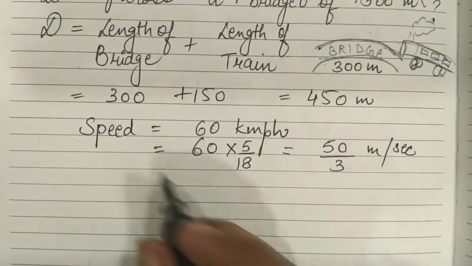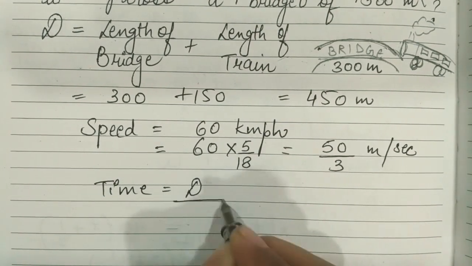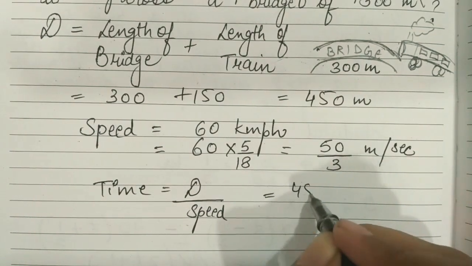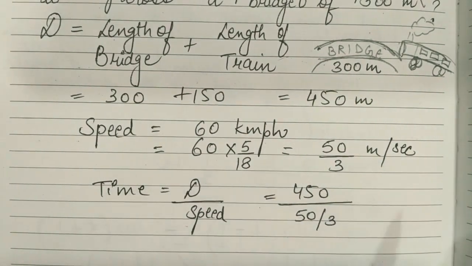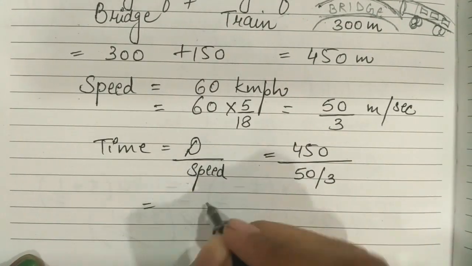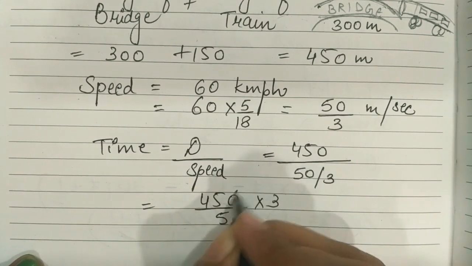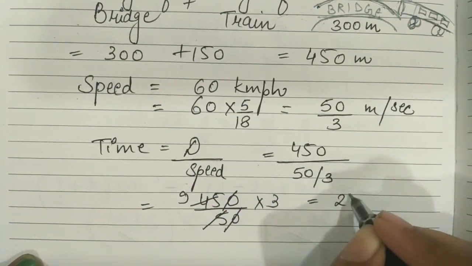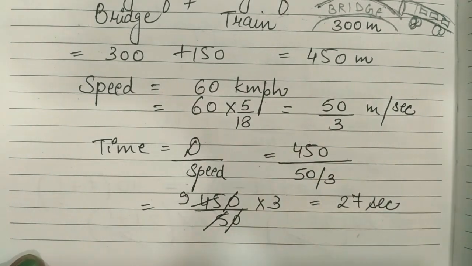The formula for calculating time is distance upon speed. Distance here is 450. Speed is 50 by 3. On solving this, we will get the time. So it is going to take only 27 seconds to cross the bridge.